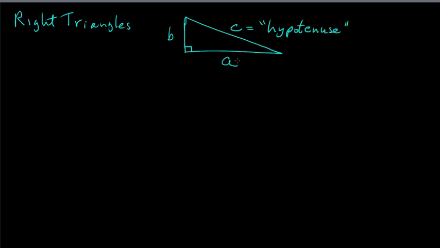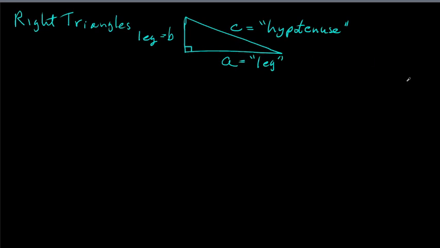And the two shorter sides, the A and the B, these are called legs. These are the legs of the triangle. So A is a leg, and B is a leg. Okay. And the relationship between A, B, and C is something that you must have seen by now. C squared is equal to A squared plus B squared, or A squared plus B squared equals C squared.